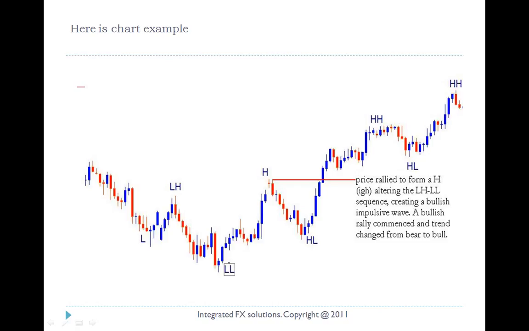At that point, a good trader will be expecting that price will retrace to form a C or a higher low before trending bullish to a higher high, thereby changing the trend from bearish to bullish.